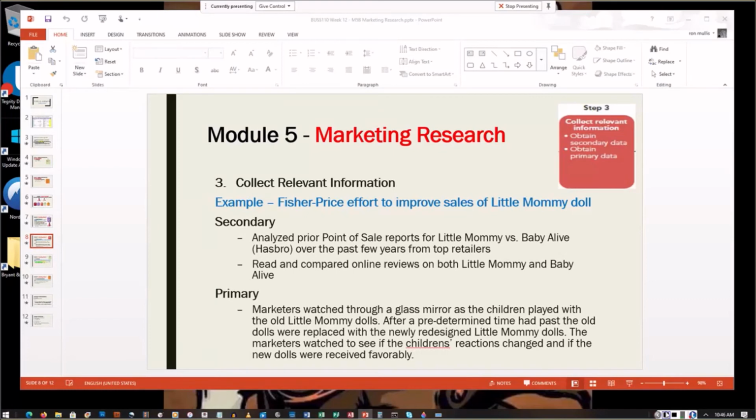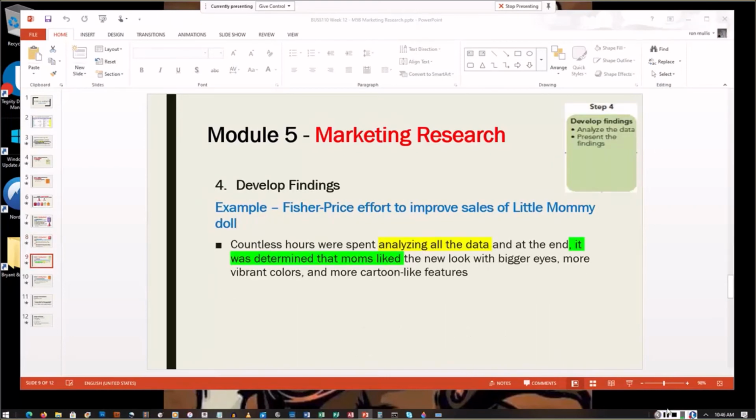So they did a secondary research by looking at old data, sales data, as well as using the new data or the primary data based off of the new doll, the new prototype that they had. Any questions? All right, so step 4 is to develop the findings based off of all of the research.